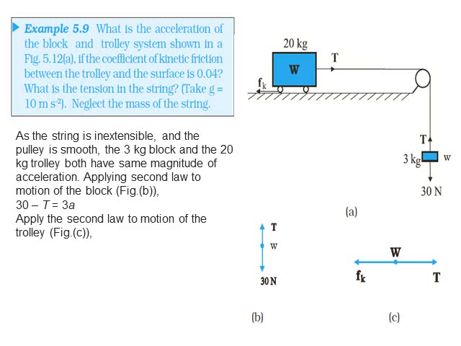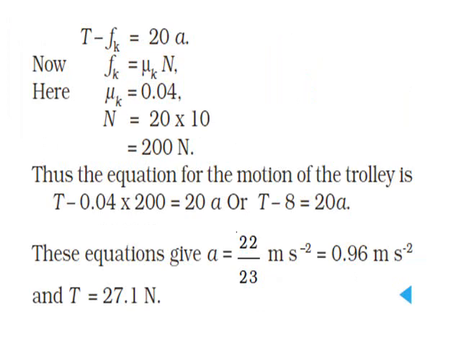Apply the second law of motion on the trolley. As shown in figure C, T minus Fk will be 20a, and now Fk, you know that it is mu k into the normal reaction, and the value of the coefficient of kinetic frictional force is given to you, that is 0.04, and the normal reaction will be mass into acceleration due to gravity, so 20 into 10, 200 Newton.